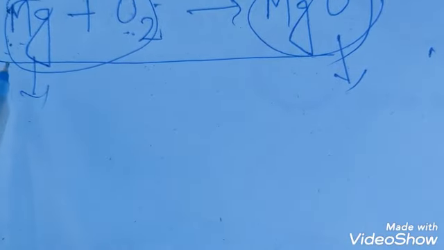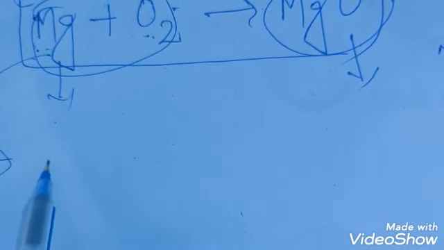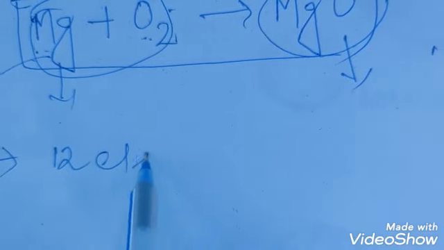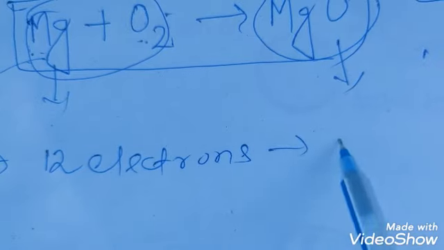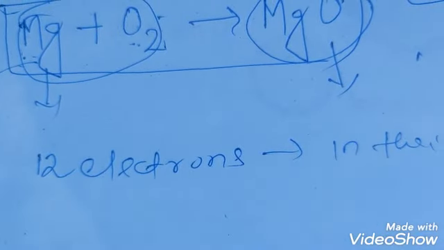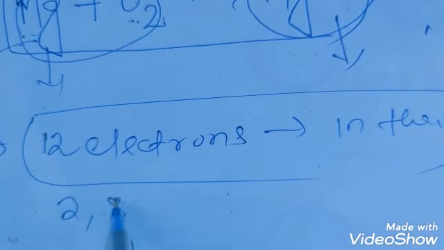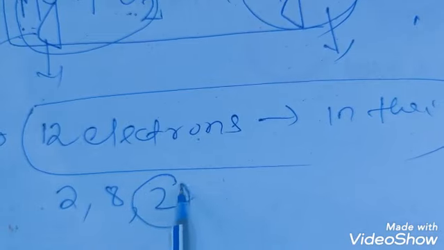Magnesium is a metal, and the magnesium element has 12 electrons in its different shells. So its electronic configuration is 2,8,2. It means there are 2 electrons in its valence shell.